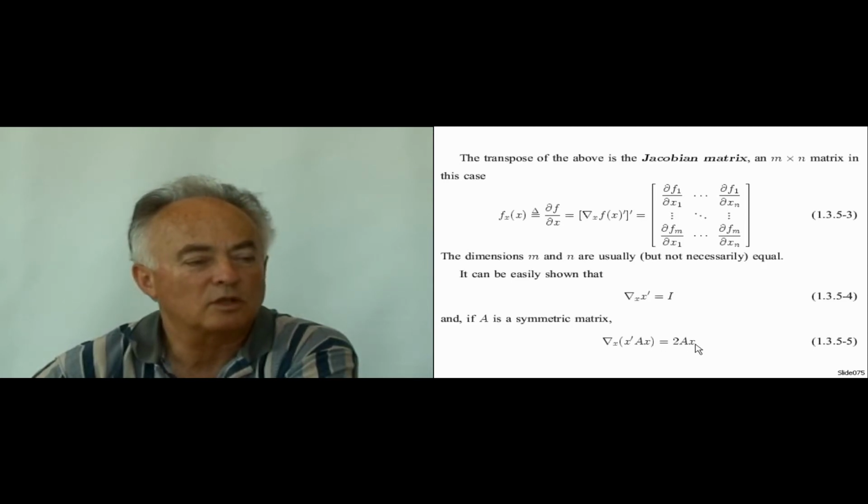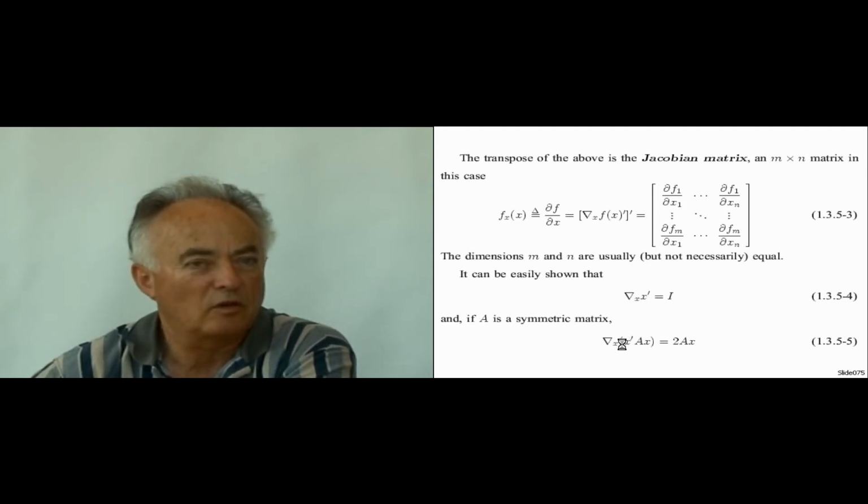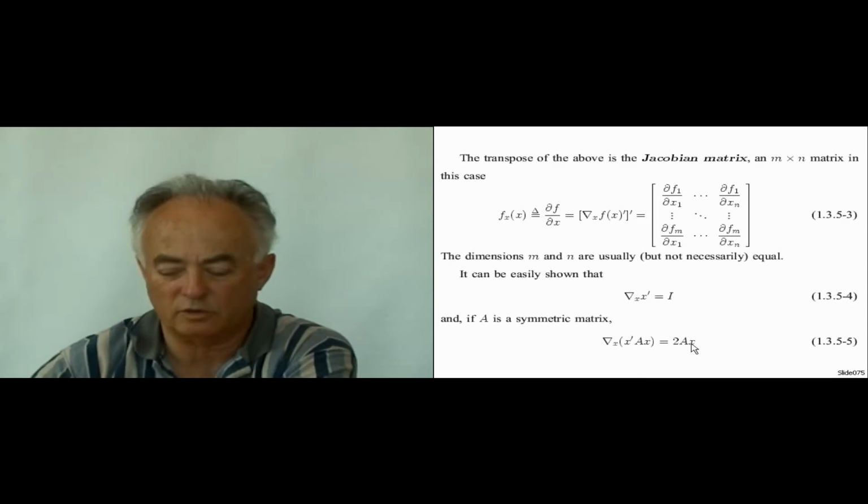And the way to see this, you take the gradient with respect to the first one, that gives identity, AX. Then you switch between this and this. Now, the second becomes the first. That's the second time you have to take the derivative for the second location. But you put it in the first, because remember, this is a scalar. And if it is a scalar, you can transpose it. So you get the second time an AX. That's why the result is 2AX.